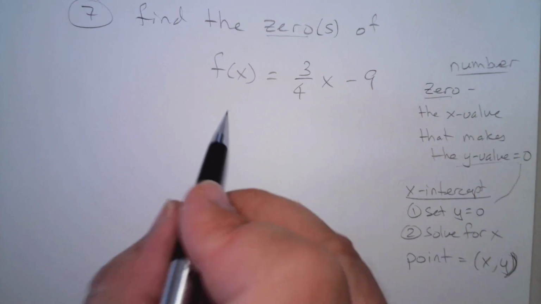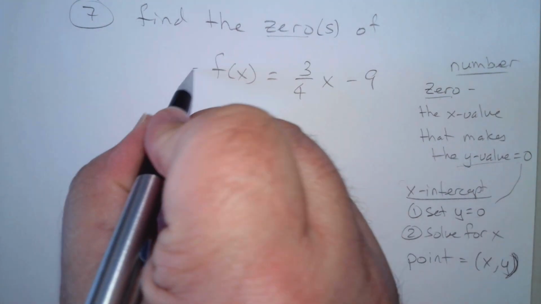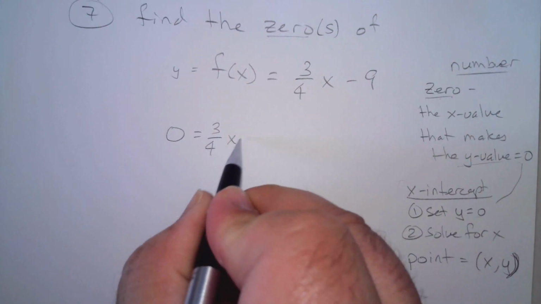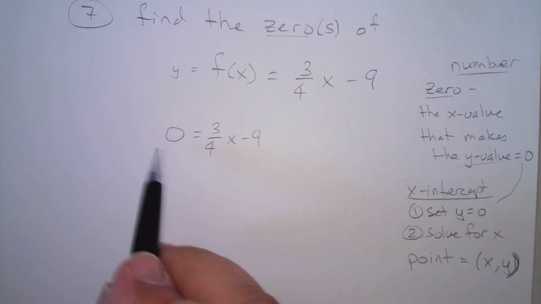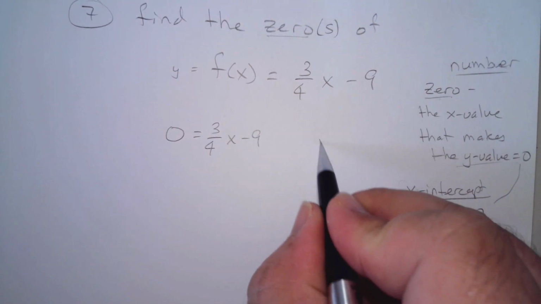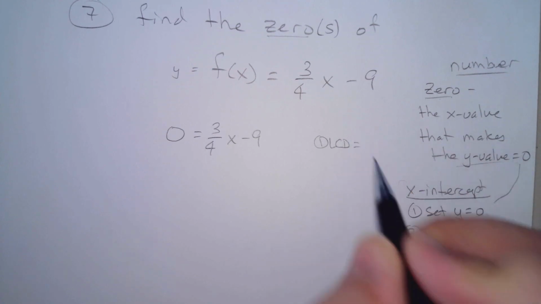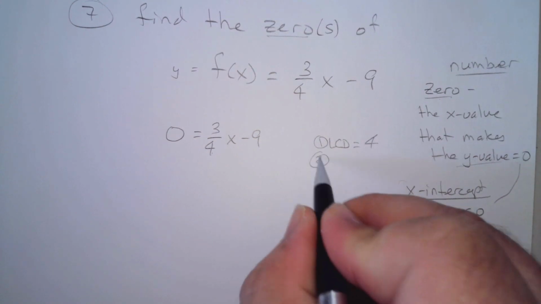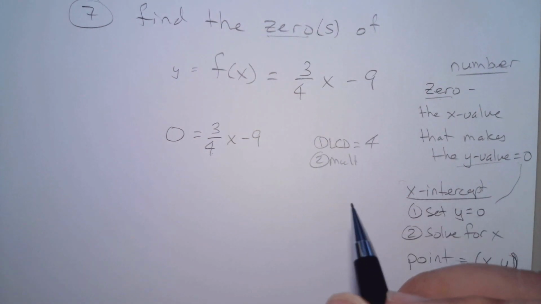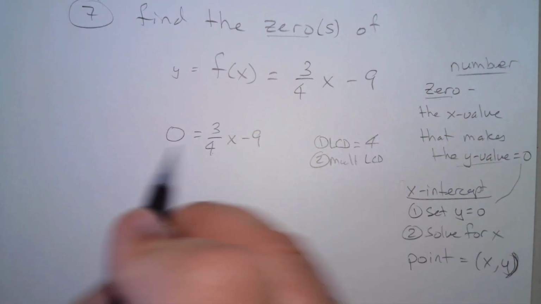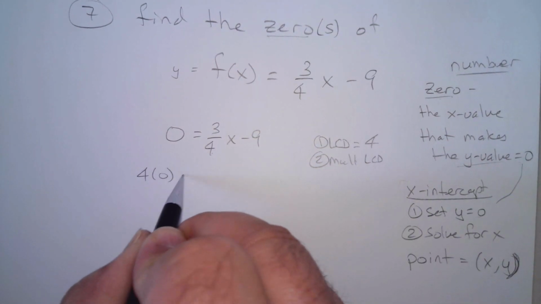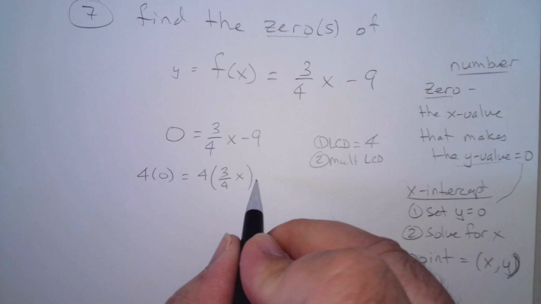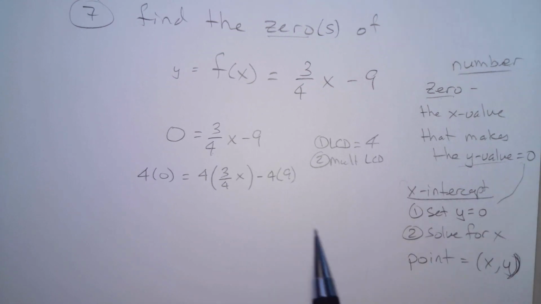The first thing to do is set the function equal to 0, because remember, this is the y value. 3 over 4x minus 9. Fractions and equal sign, doesn't matter. Let's do the same stuff. Find the LCD. 4 is the only one, so it's 4. Multiply by the LCD. 4 times 0 equals 4 times 3 over 4x minus 4 times 9.